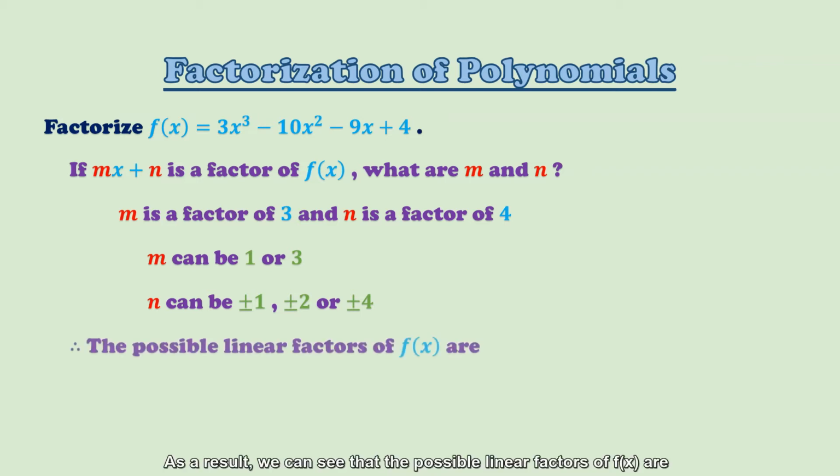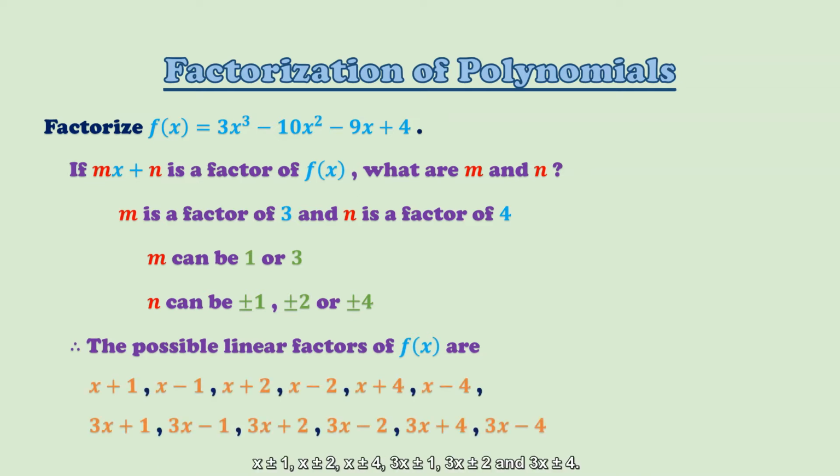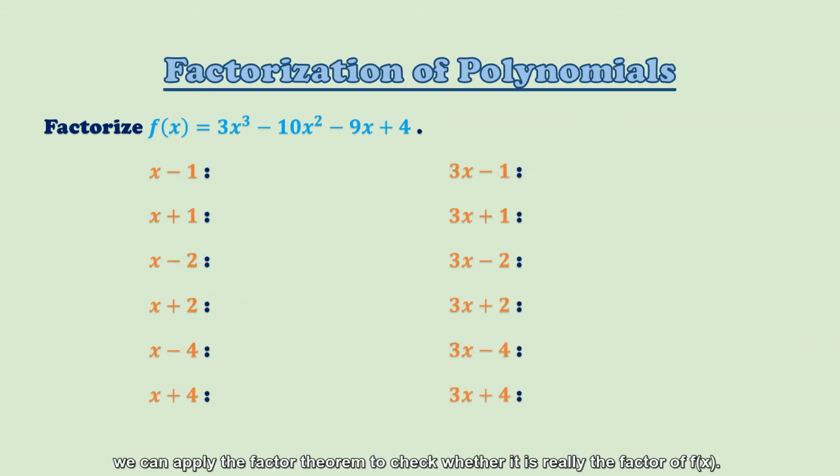As a result, we can see that the possible linear factors of f(x) are x plus or minus 1, x plus or minus 2, x plus or minus 4, 3x plus or minus 1, 3x plus or minus 2, and 3x plus or minus 4. For each of these possible linear factors of f(x), we can apply the factor theorem to check whether it is really a factor of f(x).